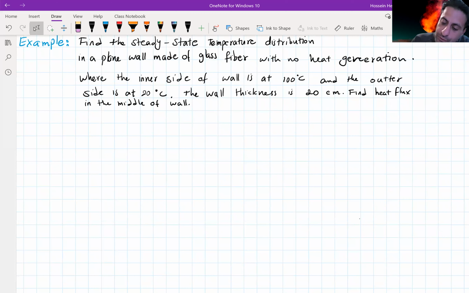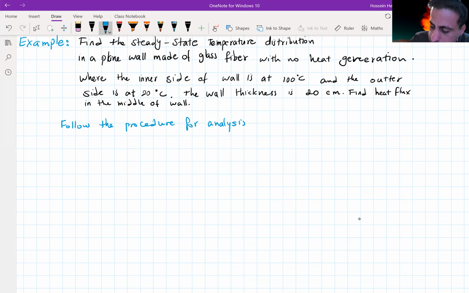For all of these heat transfer problems, everything in this class, we are going to follow the procedure for analyzing heat transfer problems given in section 1.5.